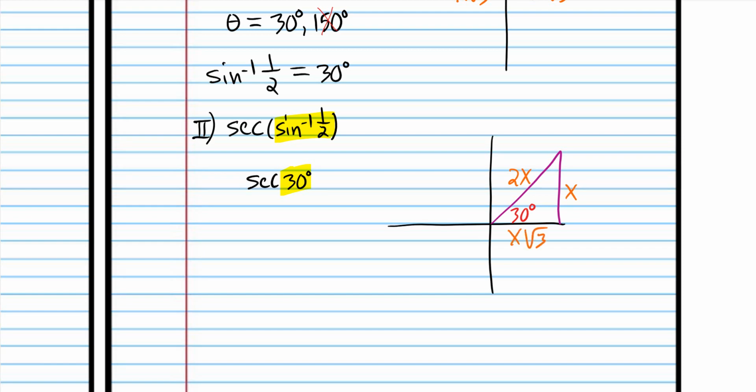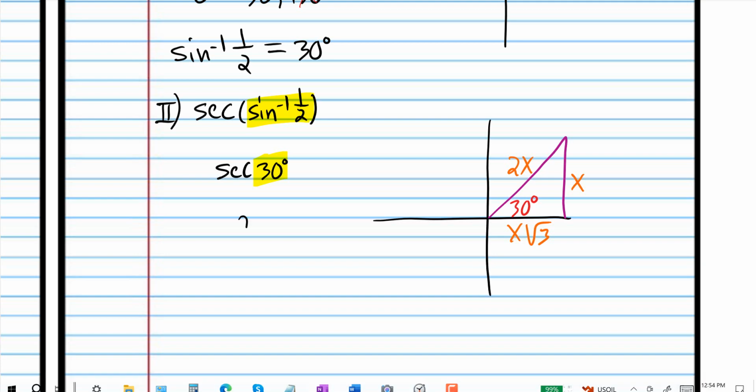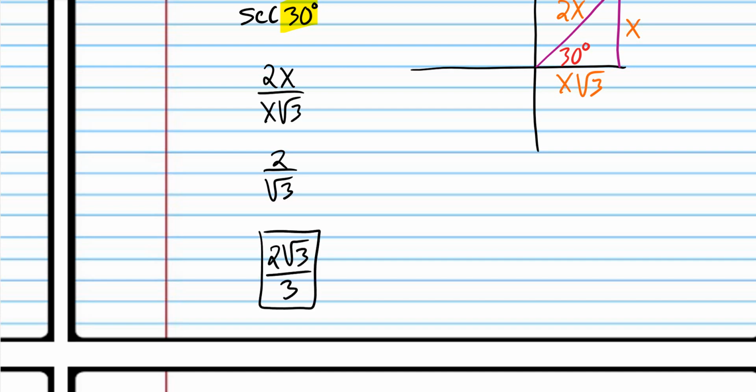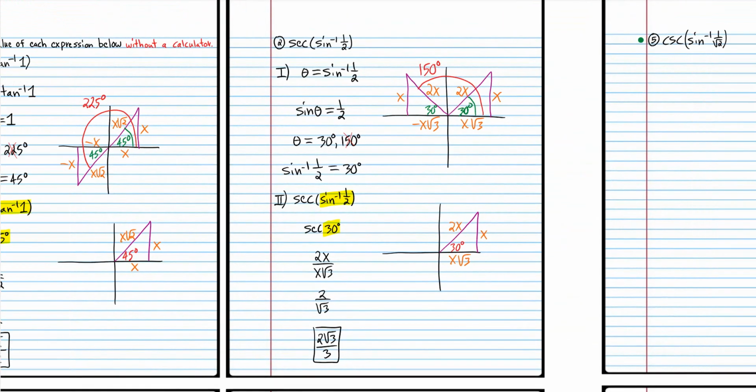We recognize this as a 30, 60, 90 degree triangle. And so secant is the hypotenuse divided by the adjacent side. The x's cancel out. And then we're going to multiply both sides by root 3. And there you go. So the value of secant of sine inverse of 1/2, the value of that expression is 2 root 3 over 3.